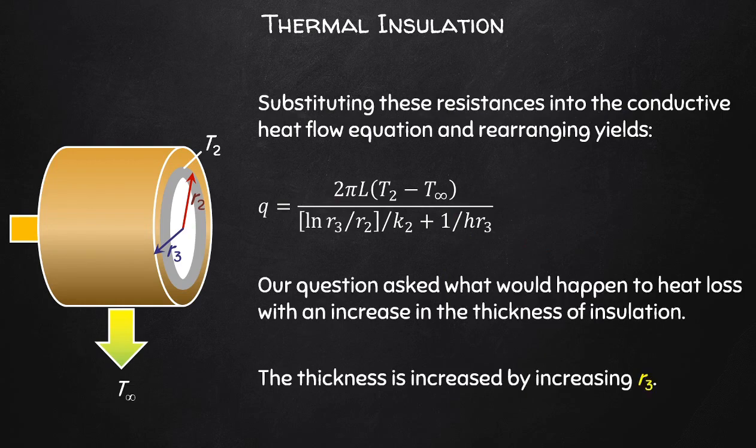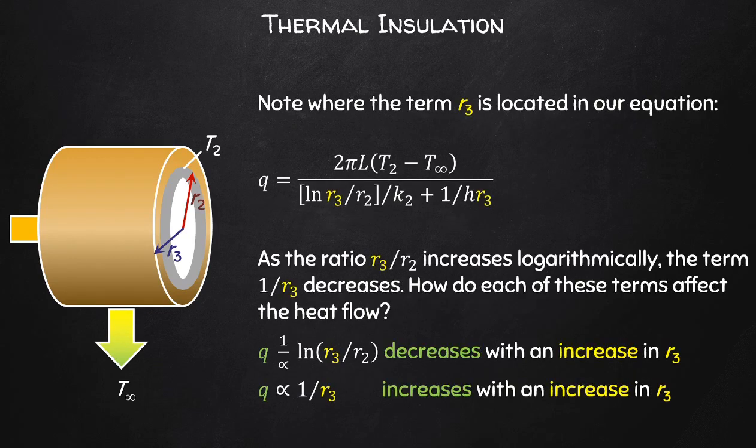So the question was, what happens if r_3, which is the radius or thickness of the insulation material, what happens if we increase it or decrease it? We note that two things can happen. Either heat transfer can increase or can decrease, but when will either happen is the question.